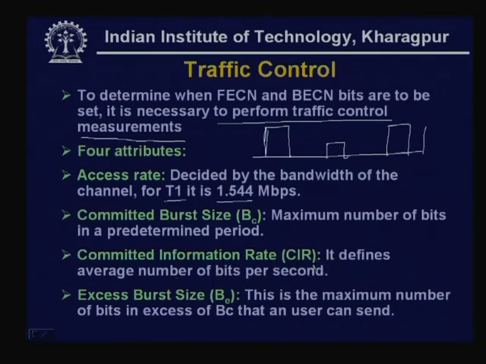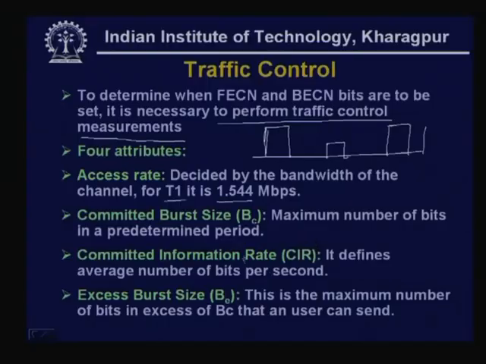If it is not exceeded, then it is guaranteed that the packets will be delivered without error. On the other hand, if it is exceeded, then the switch will inform the sender that the committed information rate has been exceeded.